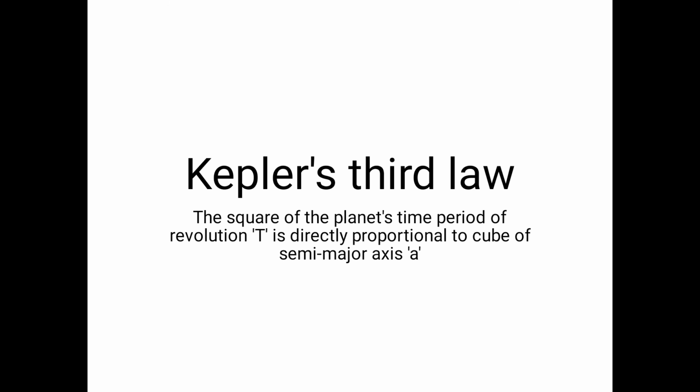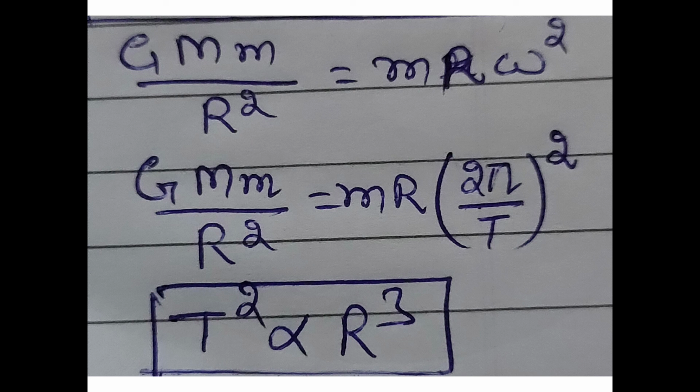Kepler's third law states that the square of the time period of revolution is directly proportional to the cube of the semi-major axis. This can be proved from Newton's law of gravitation, that is GMm by r square equals m r omega square, where capital M is the mass of the Sun and small m is the mass of the planet, and omega is the angular speed of the planet revolving around the Sun.